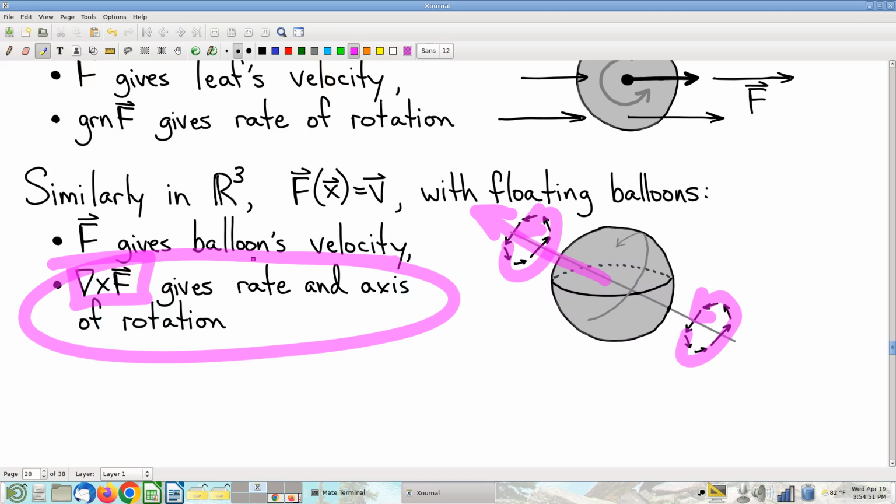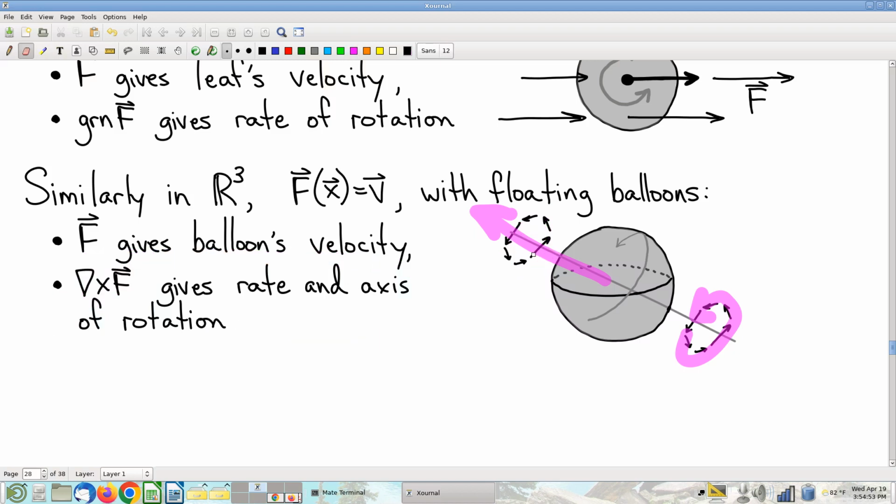And if you want to know how much the balloon is rotating, well, how much is just a scalar quantity, just a matter of magnitude, and then you just look at the magnitude of the curl vector itself. So longer curl vector, greater magnitude of curl vector, more rotation. If the curl vector is twice as long, there's twice as much rotation.